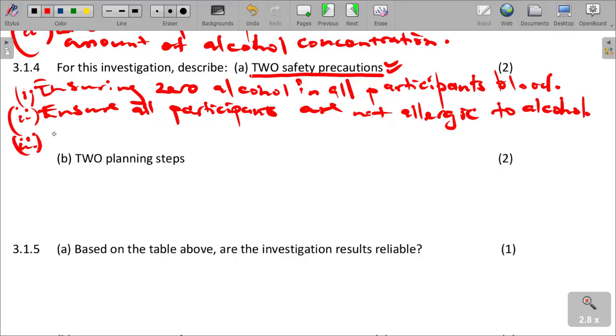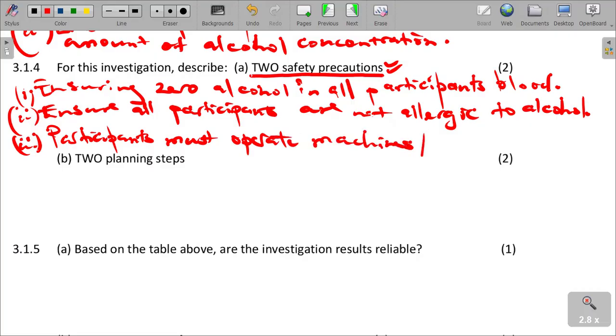And then participants must not operate machines or drive.